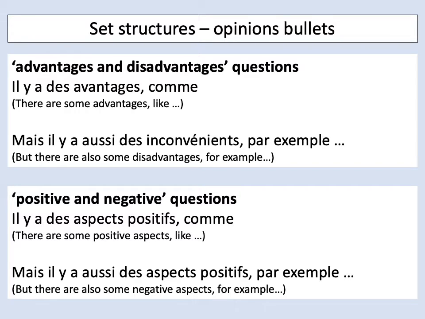Positive and negative questions, exactly the same thing really, and I've just swapped out the advantage and the disadvantage for positive and negative, although here I have just repeated positive, so it's just going to be negative. Sorry about that. So again, learn them, write them out at the beginning, or even you could look at the question first, decide which one you're going to do, then write them out.